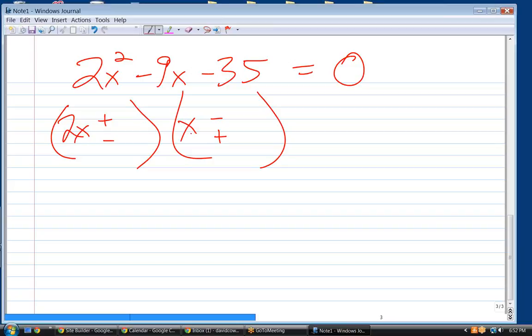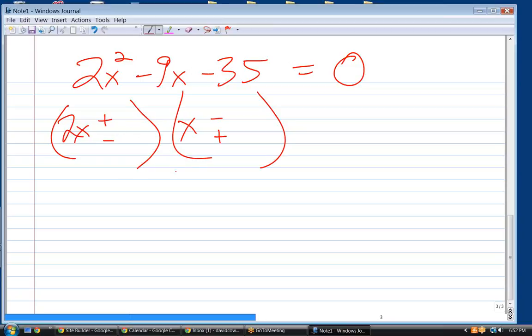Because the x has a different coefficient. In other words, whatever number over here, one of them is going to be multiplied by the 2, the other one's going to multiply by the x. So it might matter. So I basically have to try 2 possibilities. It can be plus minus or it can be minus plus.